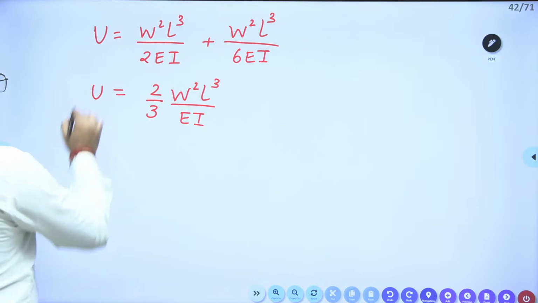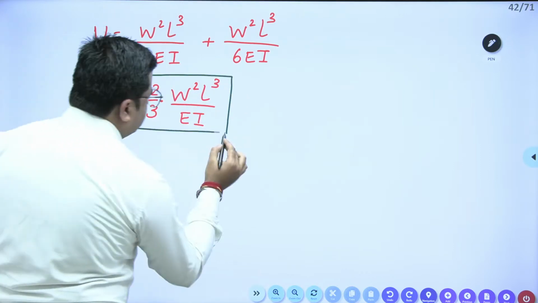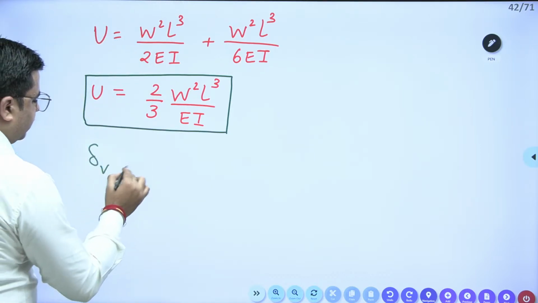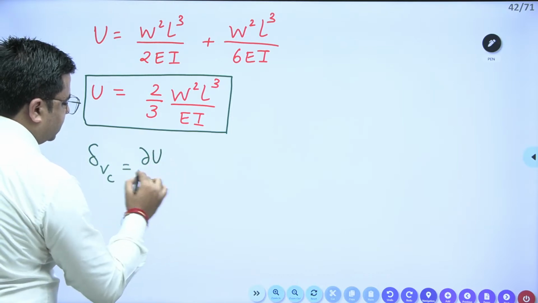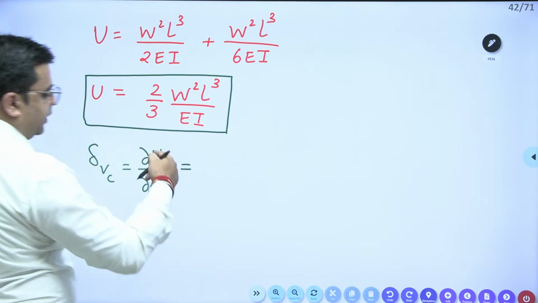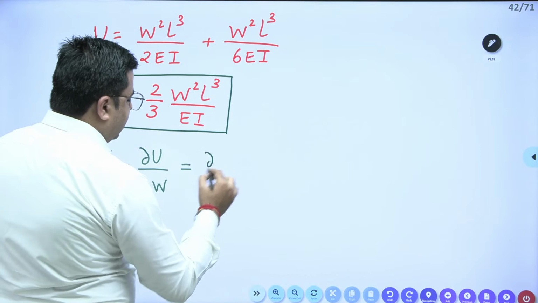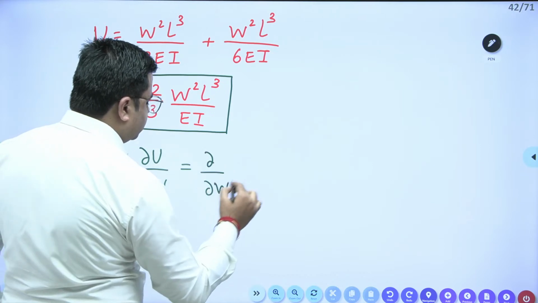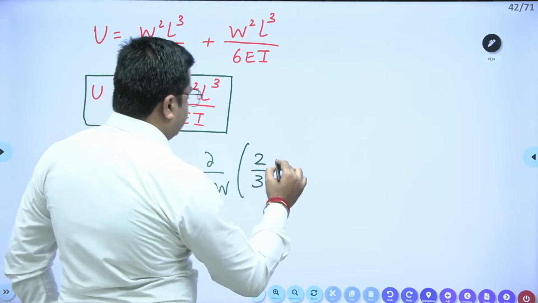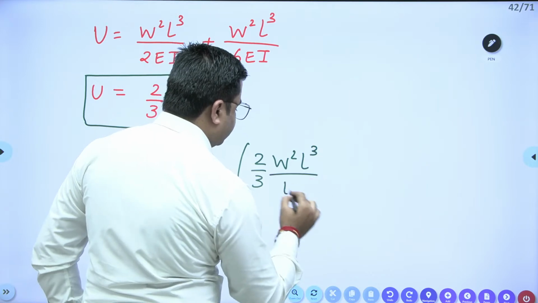For calculating the vertical deflection at point C, you have to simply partially differentiate this strain energy with respect to this load. So the partial derivative of the strain energy with respect to W is del by del W of 2 by 3 times W square L cube upon EI.